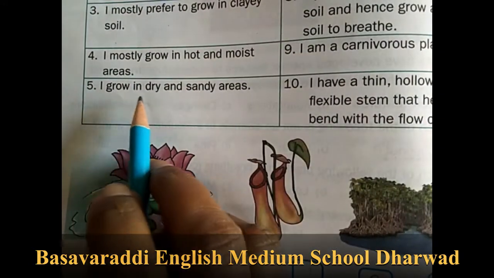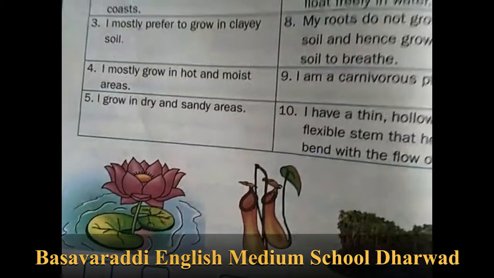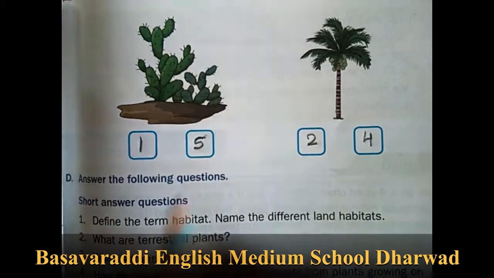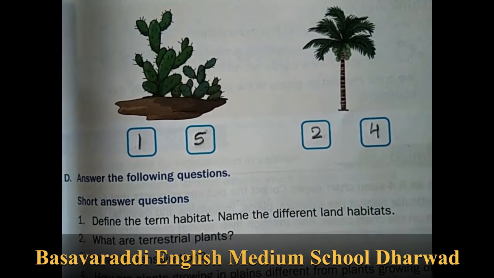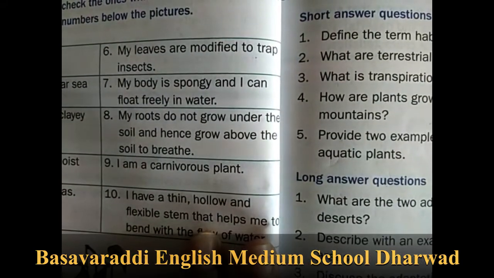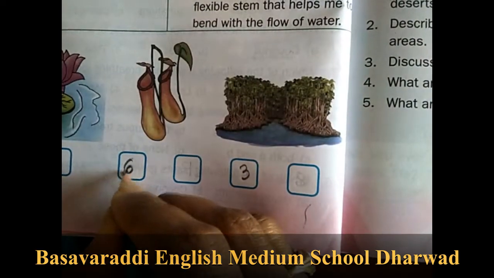Fifth one, I grow in dry and sandy areas. That is cactus plant. Sixth one, my leaves are modified to trap insects. That is pitcher plant.